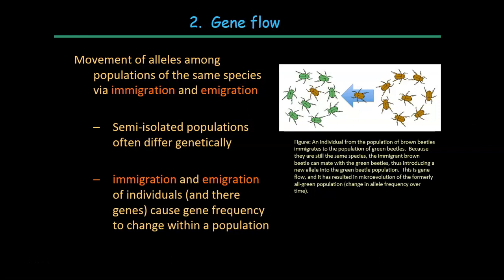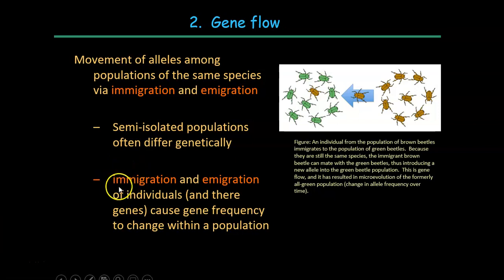Okay? So gene flow is a way that microevolutionary change can happen on a very rapid scale, because evolution can happen almost instantaneously as when one organism moves into or leaves a population. All right, so immigration and emigration, keep those two straight.